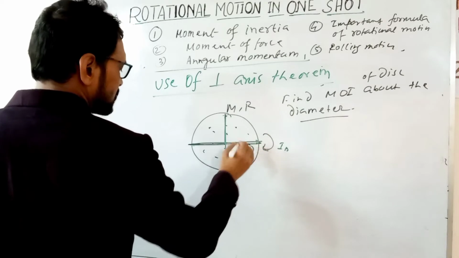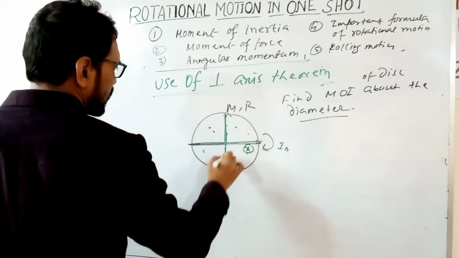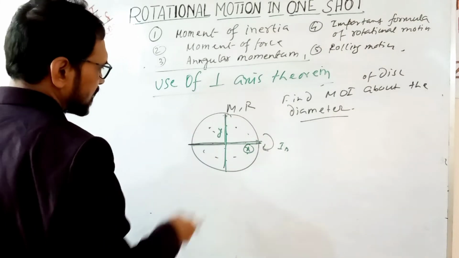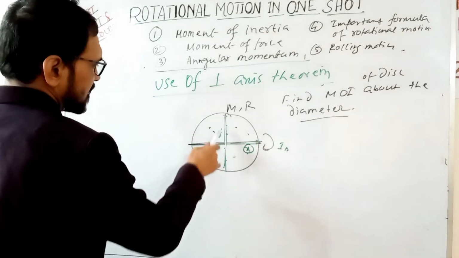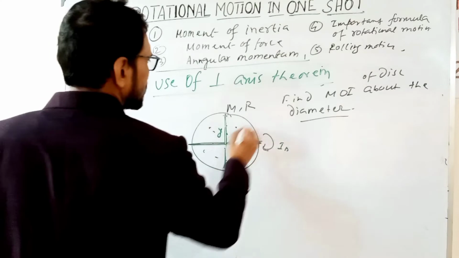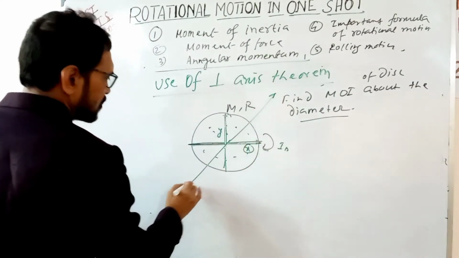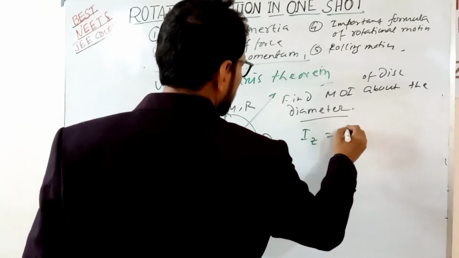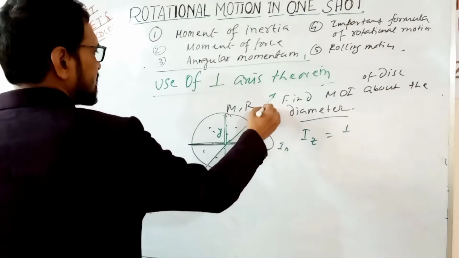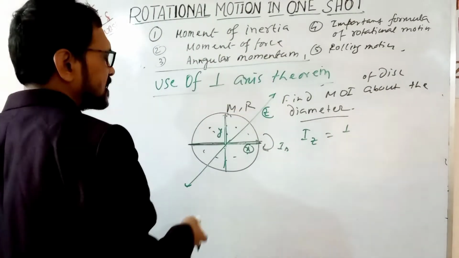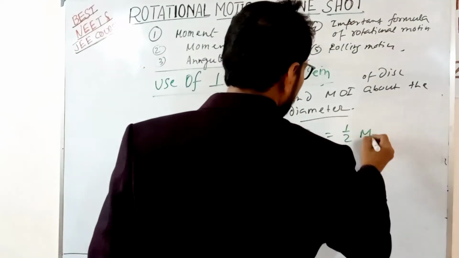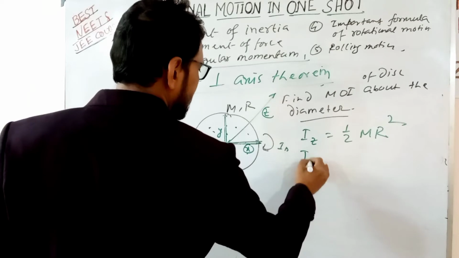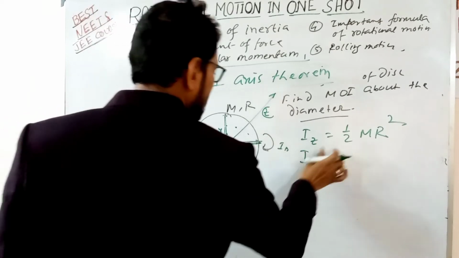Suppose this is the x-axis, one diameter, and we use the other diameter as the y-axis. The z-axis is normal to the plane. Now what is the moment of inertia of the disk about the z-axis? The z-axis is normal to the plane, so I_z equals, we know the formula, half m r square. Now I_z equals I_x plus I_y.